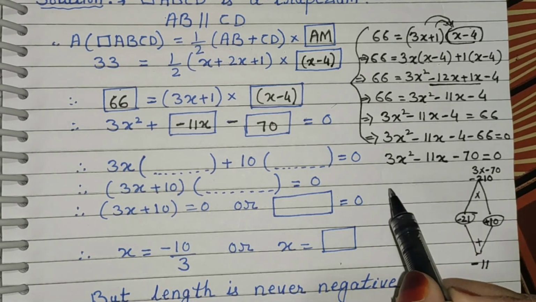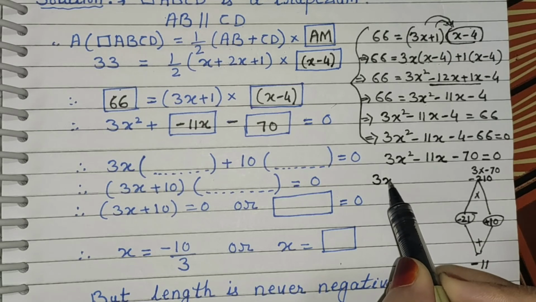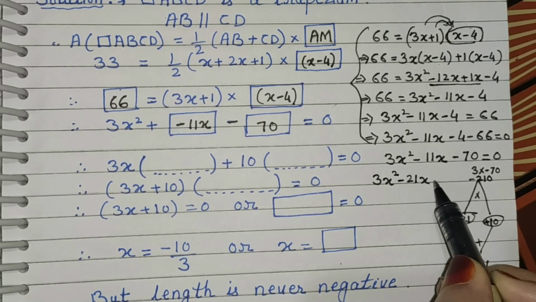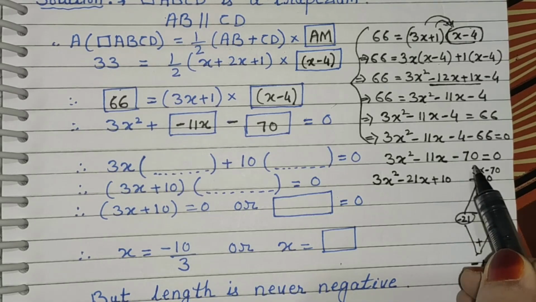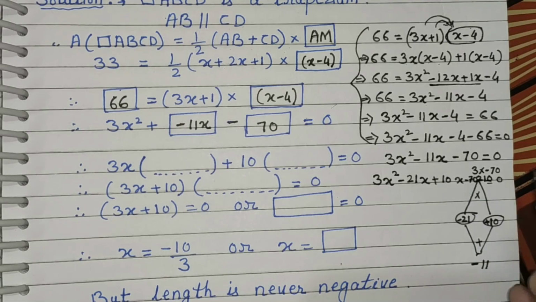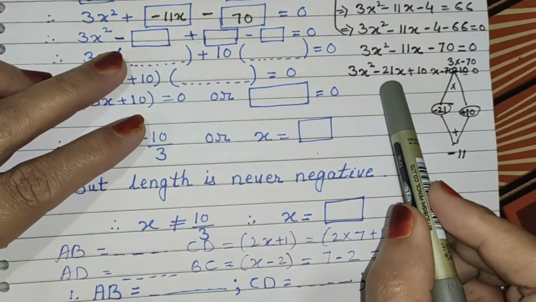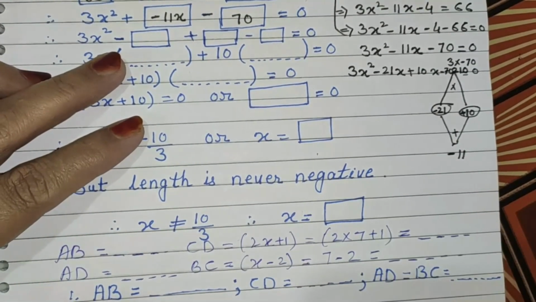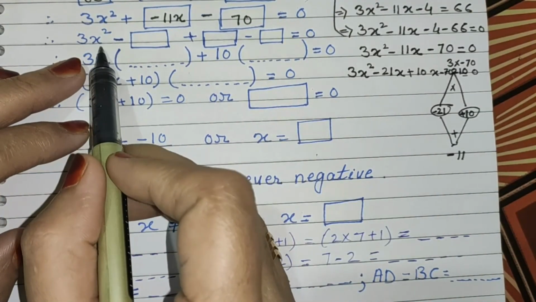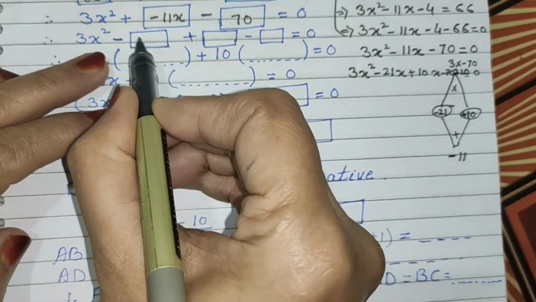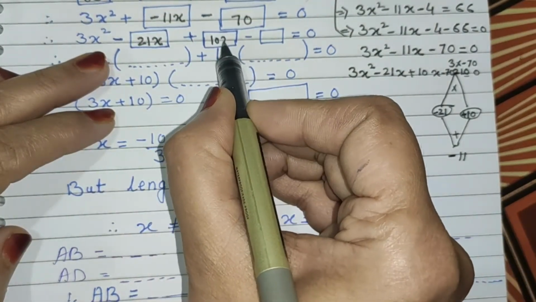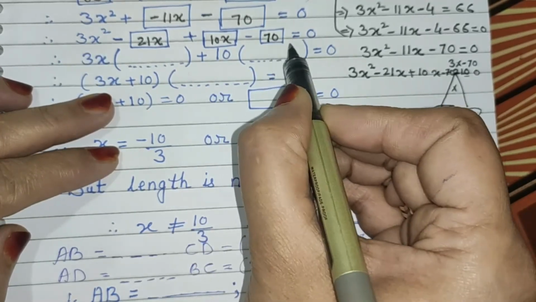Therefore, we get here 3x square minus 21x plus 10x minus 70 equal to 0. Now the two numbers we get here minus 21x plus 10x. Therefore, we can write here 3x square minus 21x plus 10x minus 70 is equal to 0.